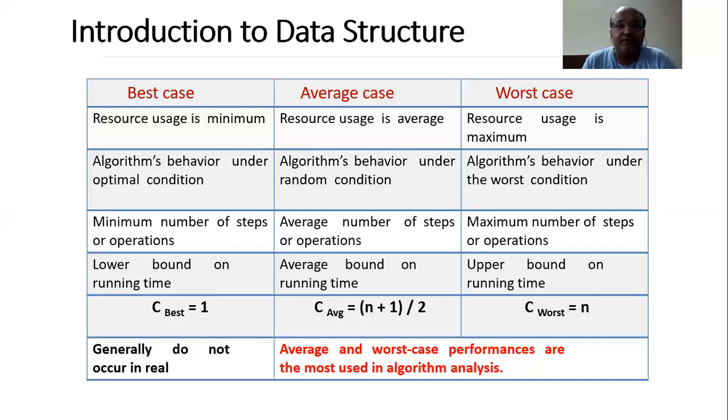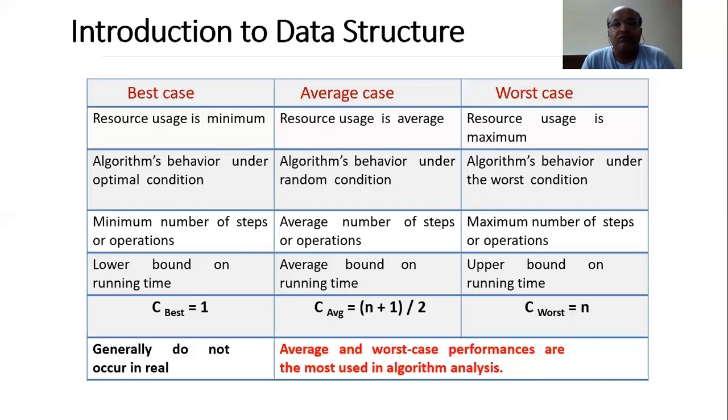So n is nothing but the number of elements. In real work, generally we are not working with the best case. When we analyze any algorithm, the average and worst case performance are the most used in algorithm analysis. So this is the comparison of all these three cases.